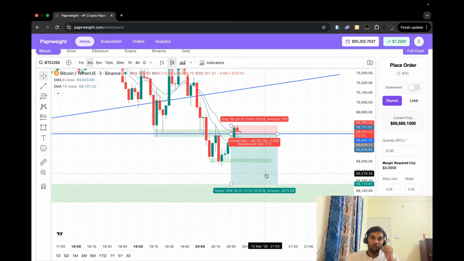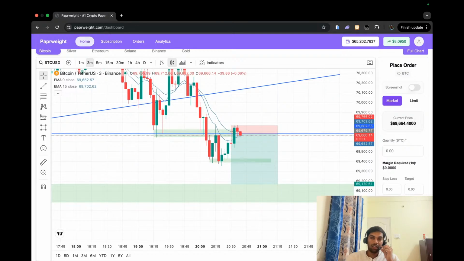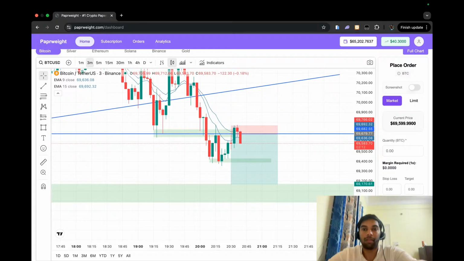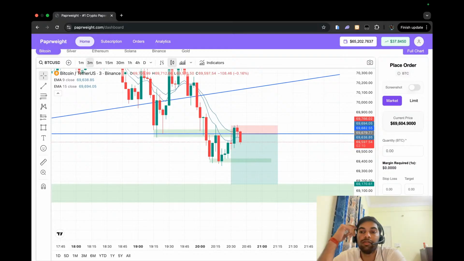Target is fully open. Target is good, and we will add quantity. Don't worry. Once it moves in our direction, then we will add the quantity. Just wait for this candle to sustain.